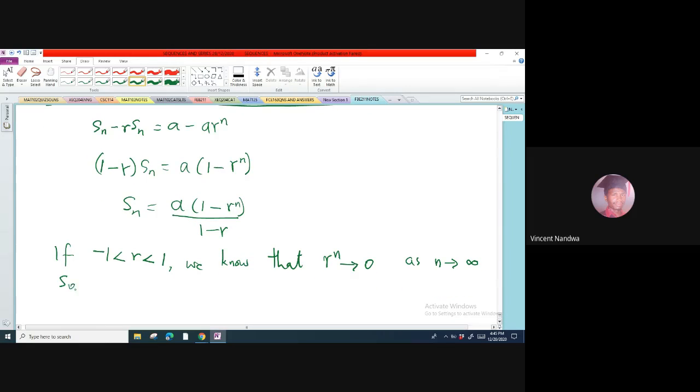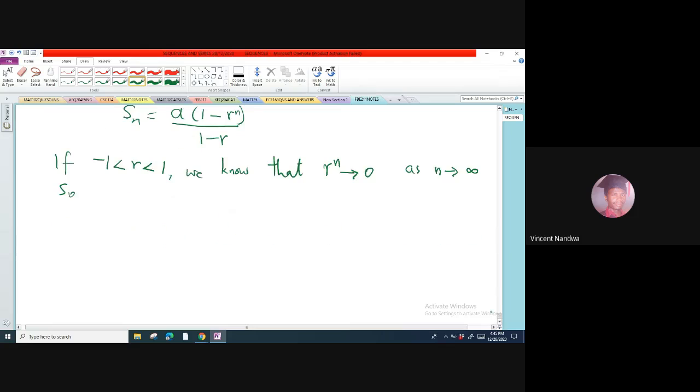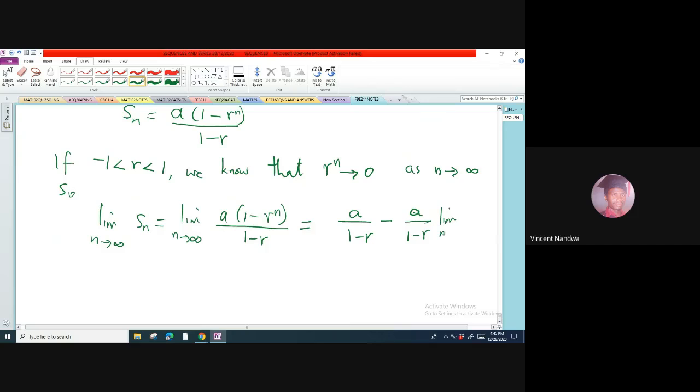So we have the limit as n approaches infinity of Sn the same as the limit of a times 1 minus r power n divided by 1 minus r, which will be a over 1 minus r, because this part will be 0, minus a over 1 minus r times the limit as n approaches infinity of r raised to the power n.